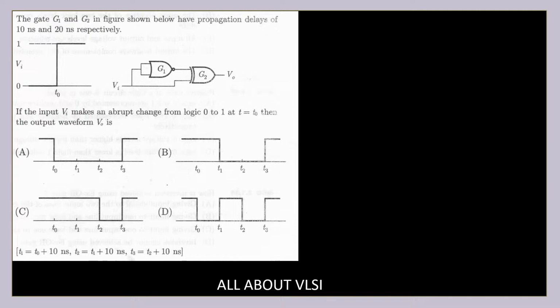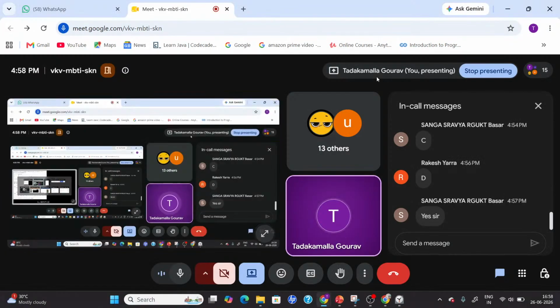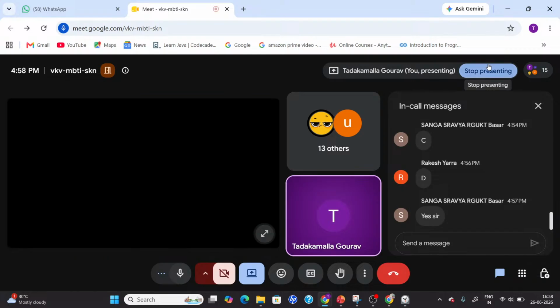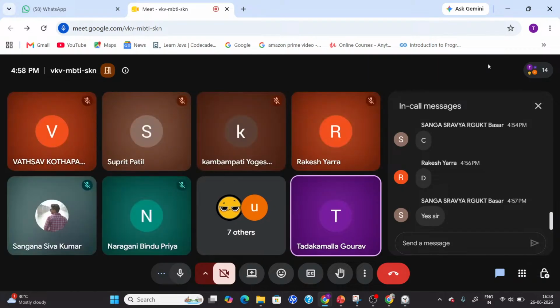And how many of you are comfortable with K-maps? Please let me know in the chat box. Okay, I think most of you watching over here know K-maps, right? About everything about K-maps, right? Yes. So let's do one thing.